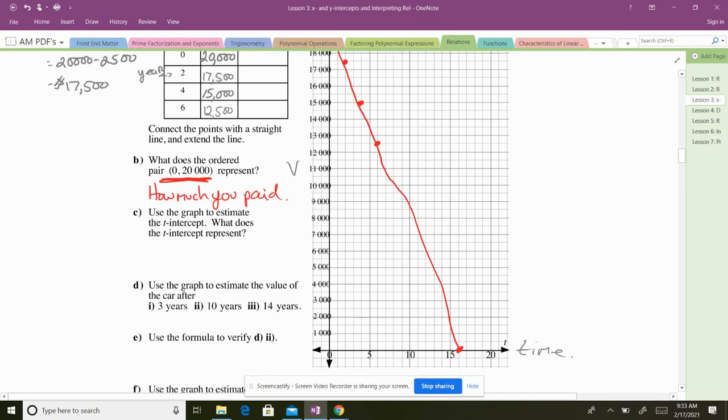Okay. We are using the graph, even though my graph is horrendous, to estimate the t-intercept. The t-intercept, because it's along the bottom here, is like the x-intercept, right? T represents time, which is on the x-axis here, okay? So where does the line hit the x-axis on my graph? 16, right there, right?